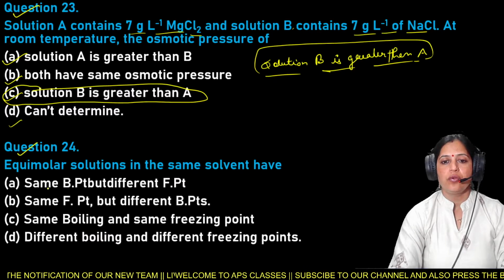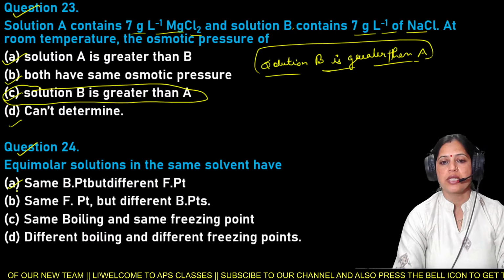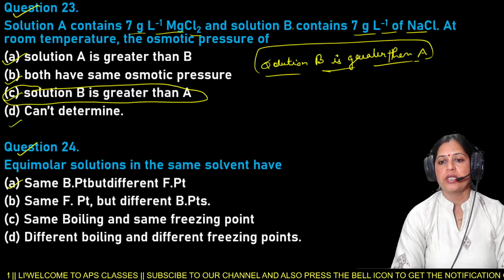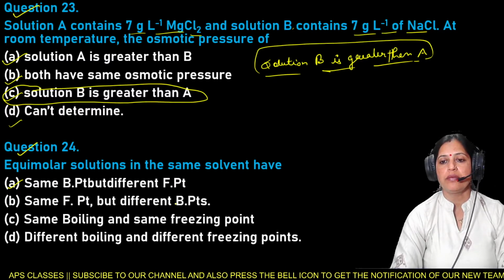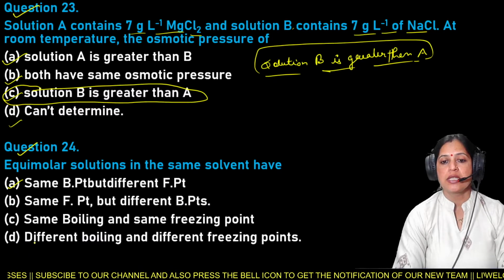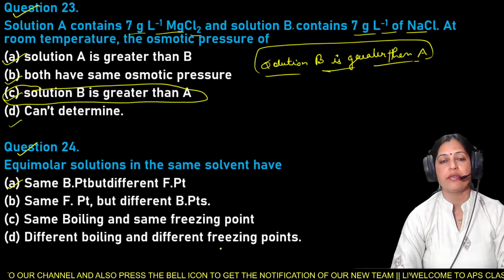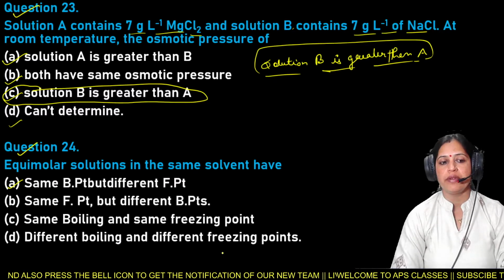Next question number 24. Equimolar solutions in the same solvent. Option A is same boiling point but different freezing point, B same freezing point but different boiling points, C same boiling and same freezing point, D different boiling and different freezing points.